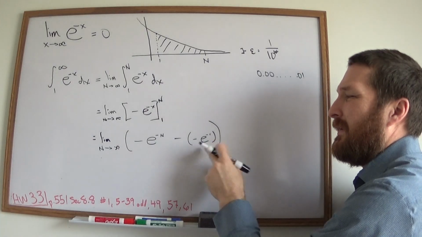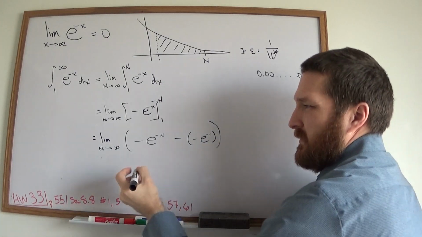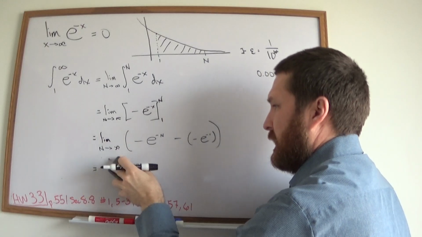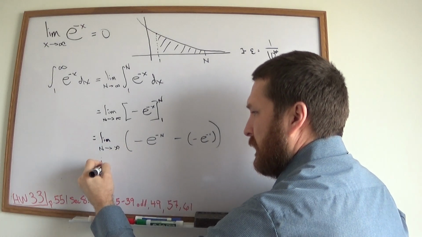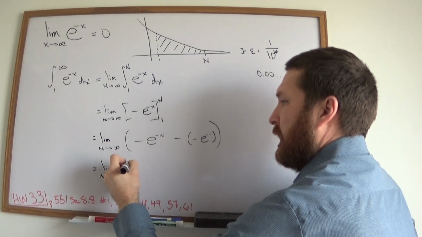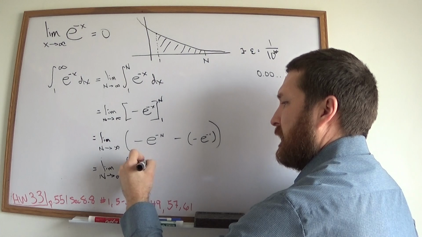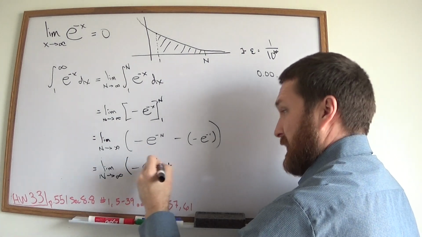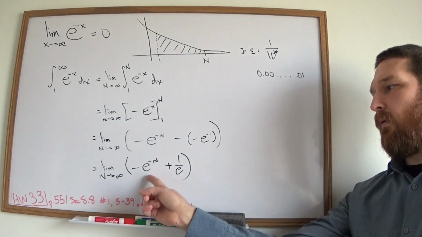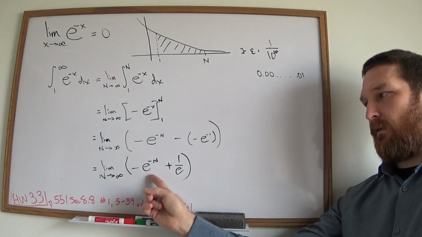I'm going to write it as 1 over e. So the limit as n goes to infinity of negative e to the negative n plus 1 over e. Now, what does that go to as n goes to infinity?